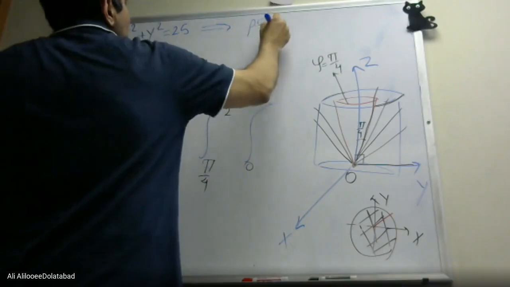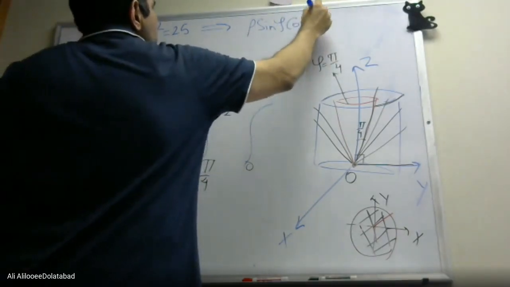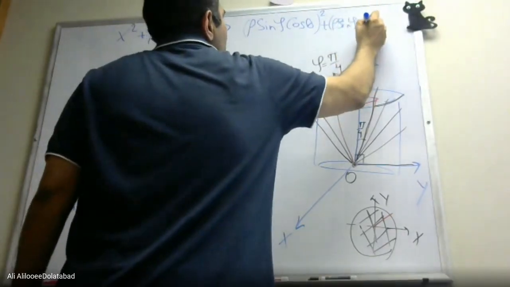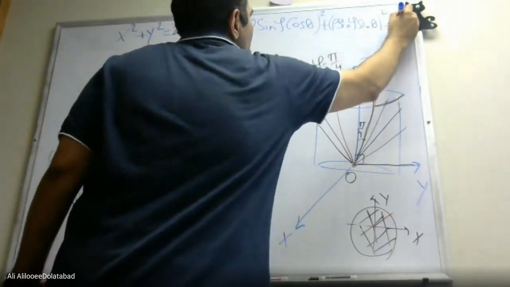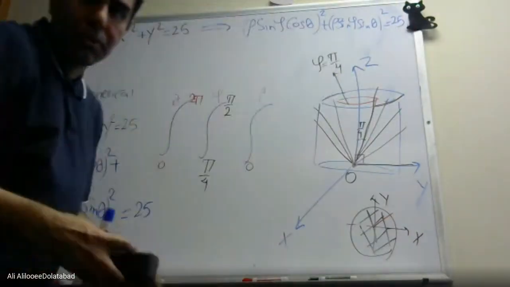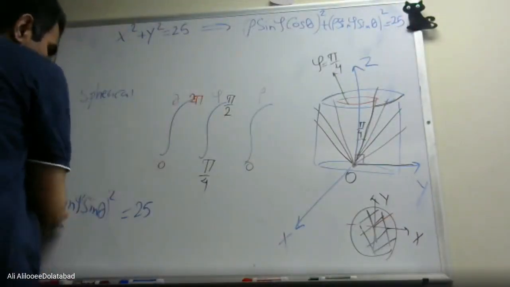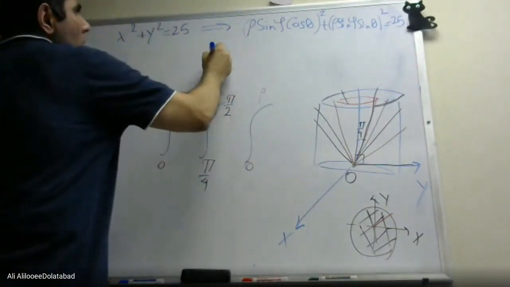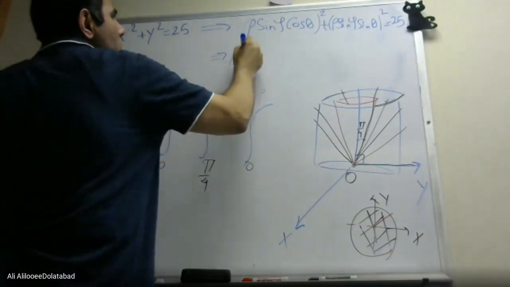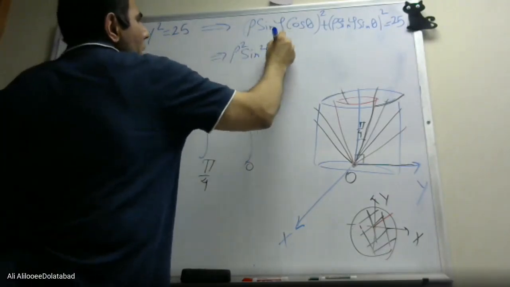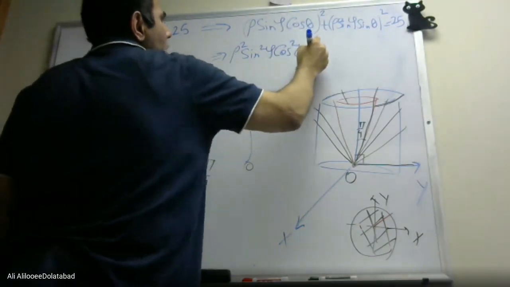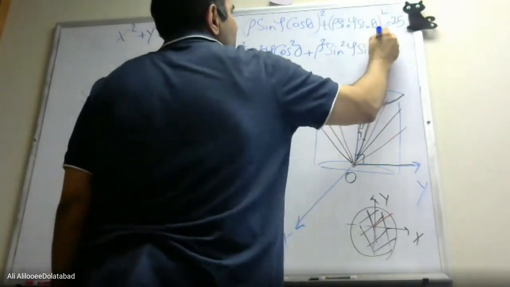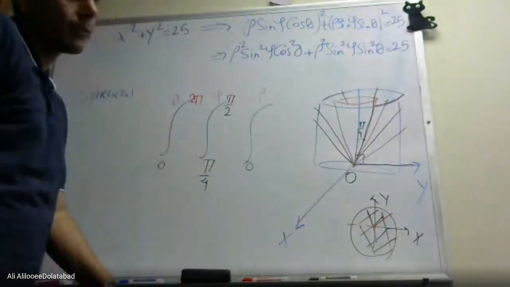You have rho sine phi cos theta squared plus rho sine phi sine theta squared equals 25. So rho squared sine squared phi cos squared theta plus rho squared sine squared phi sine squared theta equals 25.